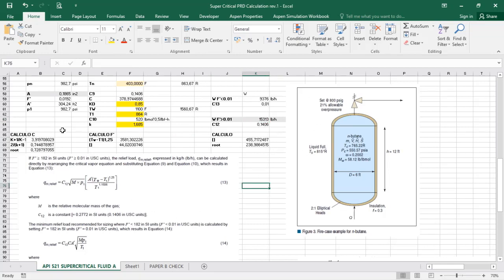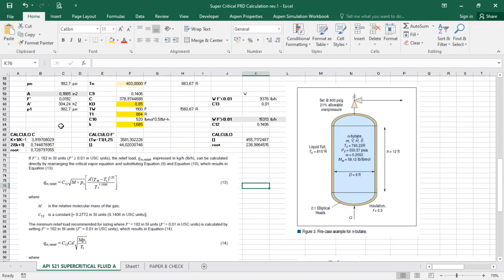In this way, based on these results, we can imagine that the differences between the standard API calculation for the orifice will have much more relevance if we consider that our vessel is insulated.